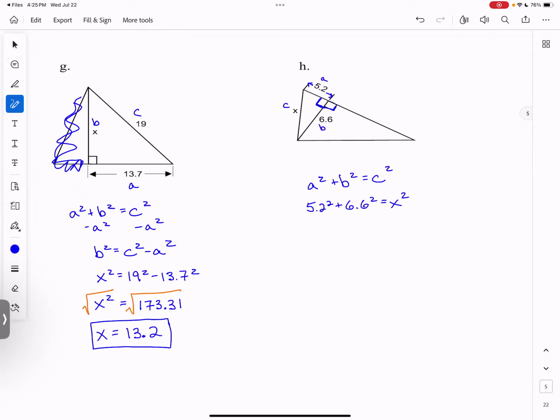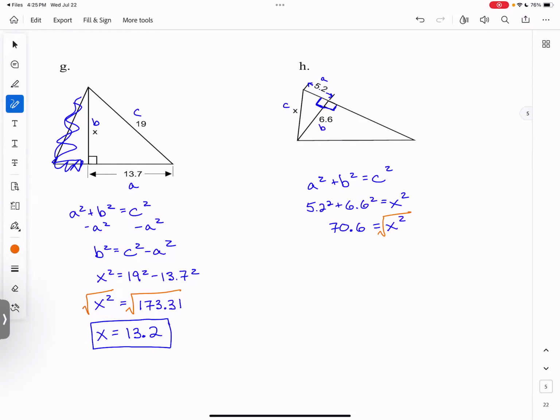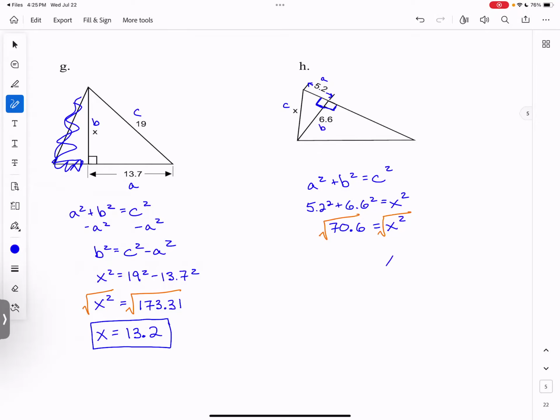And when I calculate that out, I get 70.6 equals x squared. So now I'm going to square root both sides. And we get x is 8.4.